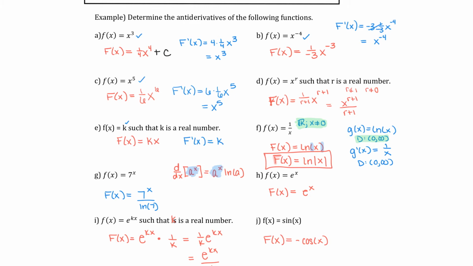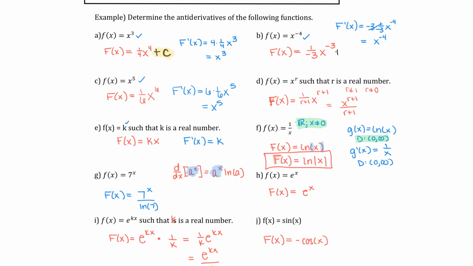So if I have f of x equals 1/4 x to the 4th, when I take the derivative of that, I will get x cubed. But there might be some constant sitting out there, a plus 2, plus pi, plus e, plus 7 million, who knows. But you could have a constant out here, and it could literally be any constant, and the derivative of it would be 0. So we need to account for that as I'm going through and taking an antiderivative.